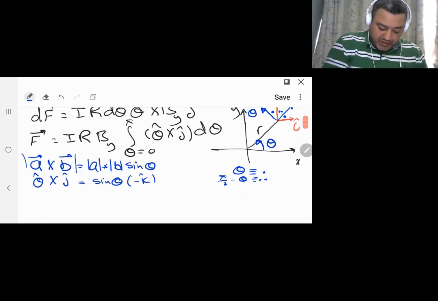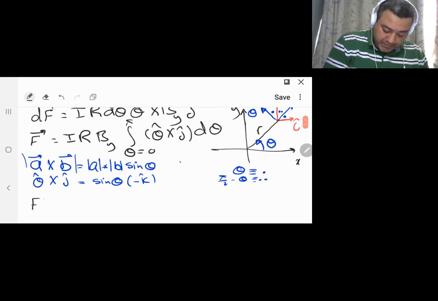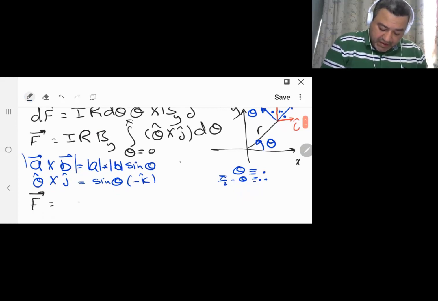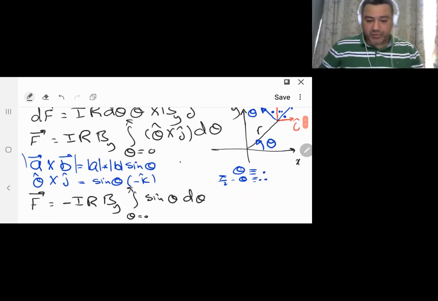So now I have the force F as minus I R by integration of sine theta d theta, where theta goes from 0 to pi.